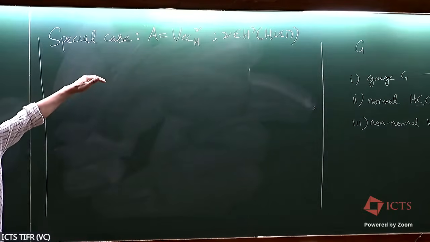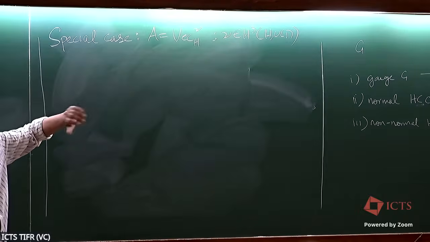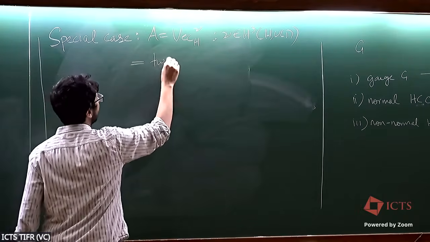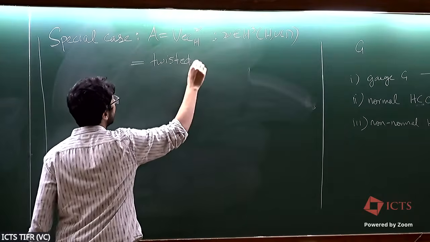So you paste with a new SPT and then gauge H. So this is ordinary twisted gauging.